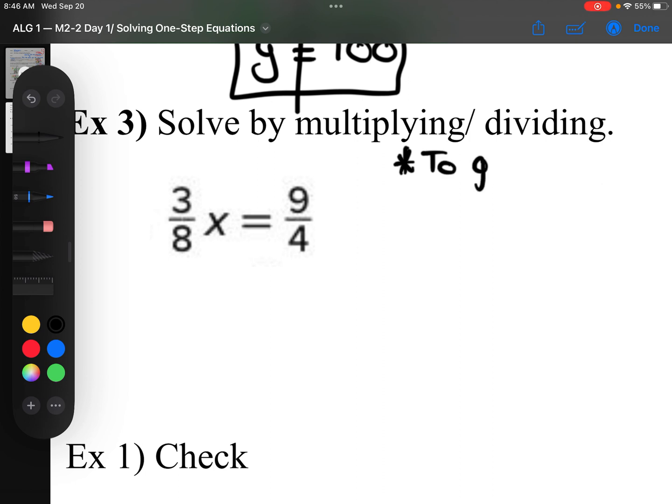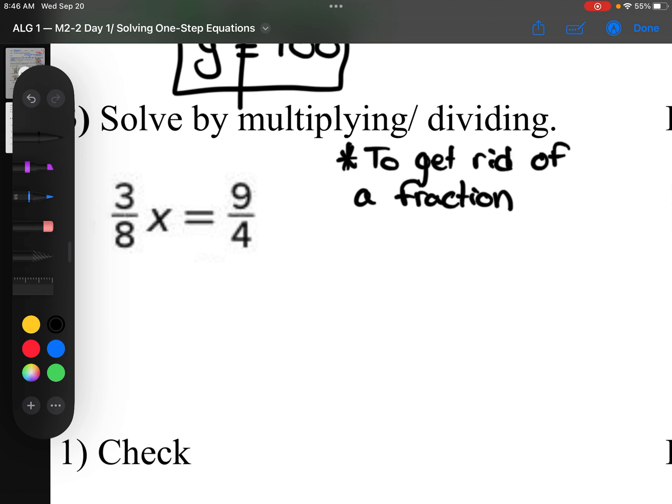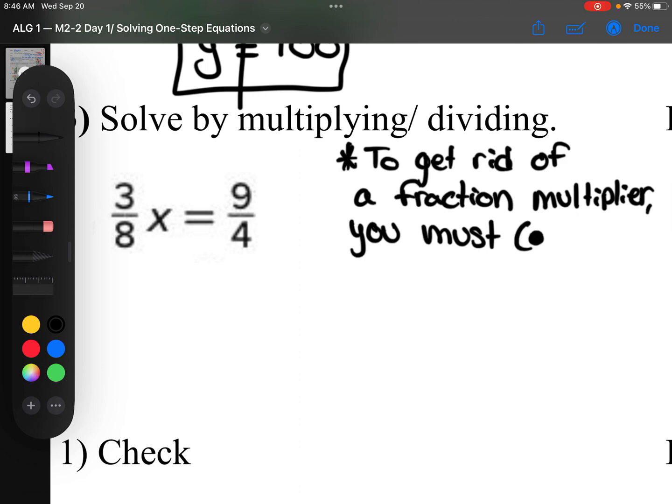To get rid of a fraction, you must multiply by the reciprocal, okay? So you have to multiply by the reciprocal.